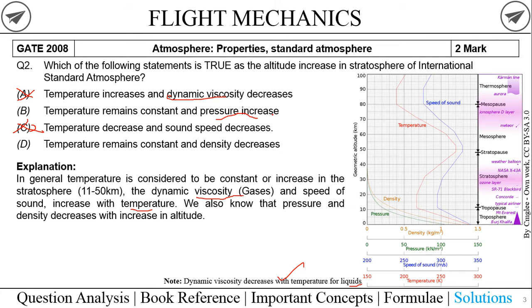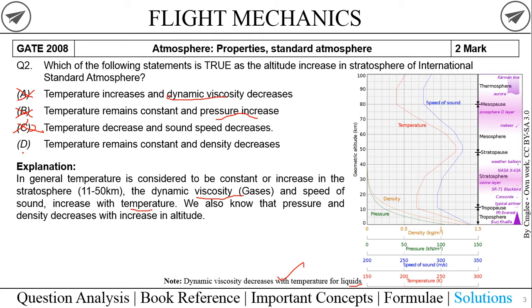So we have crossed out two options, and in the remaining options we can see that the temperature remains constant and pressure increases. So talking about the pressure, here we see the pressure plot, and this is a scale for pressure. With increase in altitude, we can see the pressure keeps on decreasing. So pressure must decrease with increase in altitude. But here it is the opposite, so this option is also wrong.